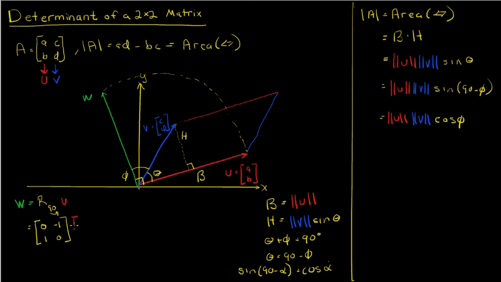That's multiplied by u, and of course u is a and b. Then we do the multiplication. The column times the first row gives us negative b, and the column times the second row gives us a. So it flips the terms around and negates b.